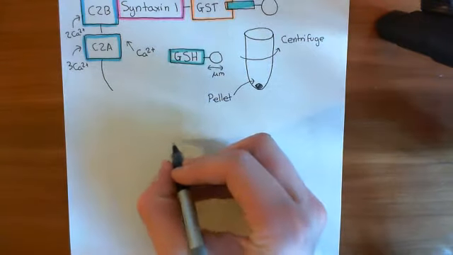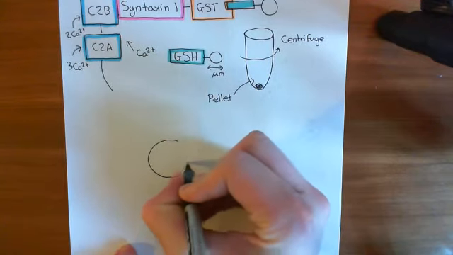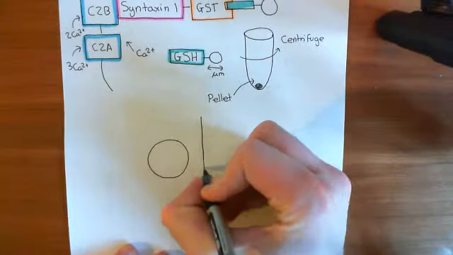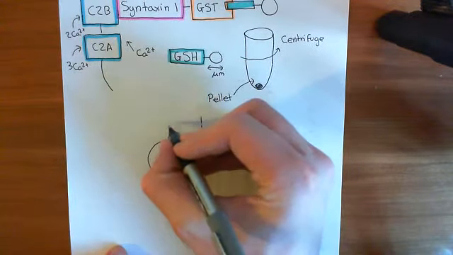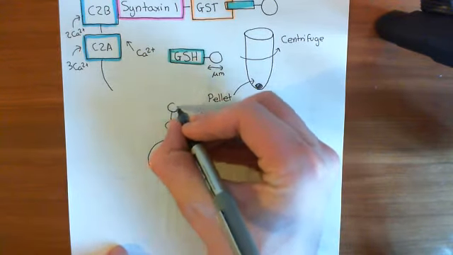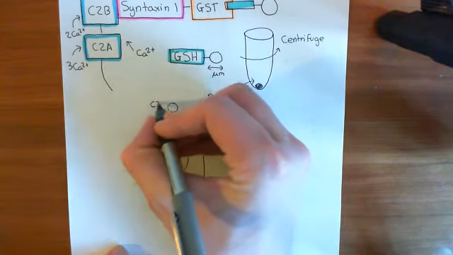Okay, so if we draw our vesicle here that is docked at the membrane, so here's the plasma membrane, it will be docked by core SNARE complexes. Then if we draw our synaptotagmin in here, so here are the two C2 domains, the C2A domain and the C2B domain.